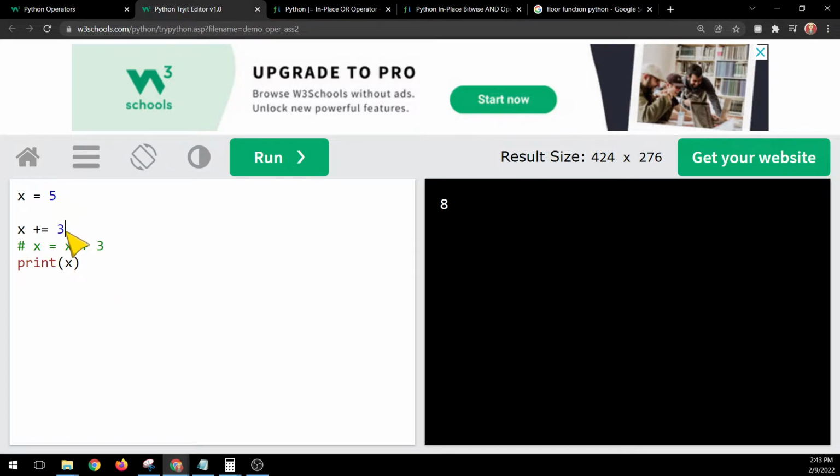So this is the same as basically saying 5, which is x, and then x plus 3, or 5 plus 3 is 8, right? So that's why we have 8. So I want you to write it out. So x plus equals 3. So if we were to do this again, at this point here, x is 8.